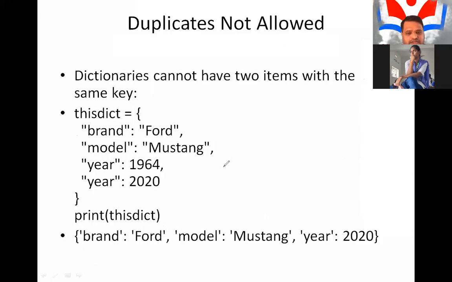We had also seen this particular example of how to access the individual key values, where I am accessing the brand. That has already been seen.